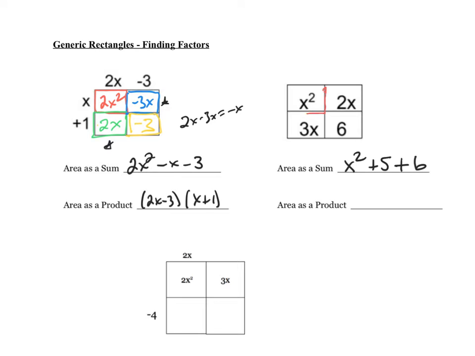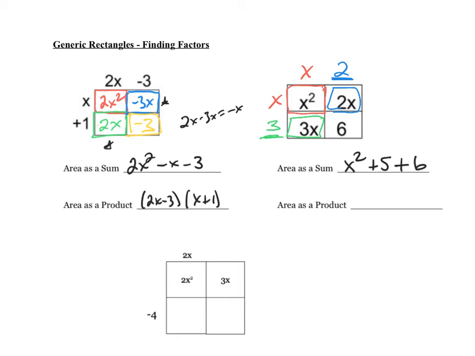So I would start with the x squared box first, because that's pretty easy. Must have been x and x, because x times x is x squared. Then ask yourself, well, how would I get 2x? What would I have to put here that would multiply by x to get 2x? Well, that's a 2. And then what would I need to put here so that when I multiply it times x, I get 3x?